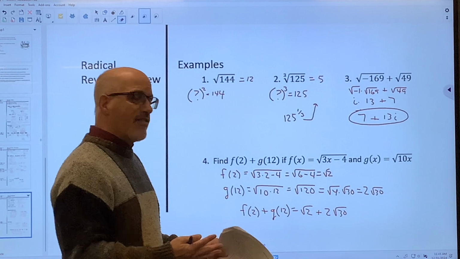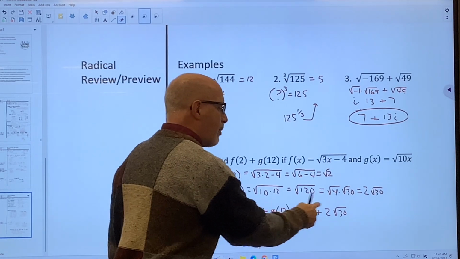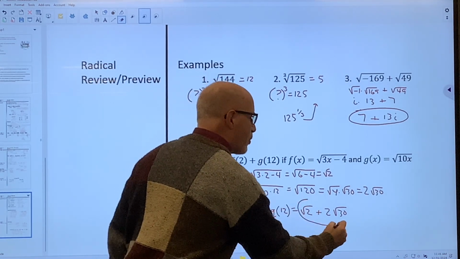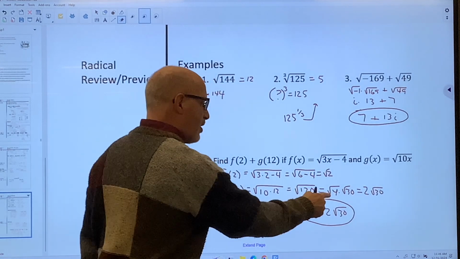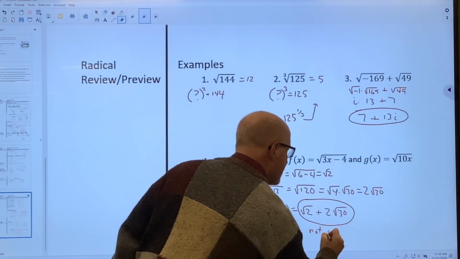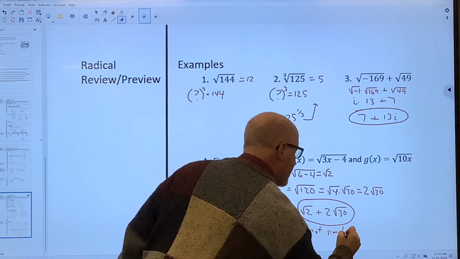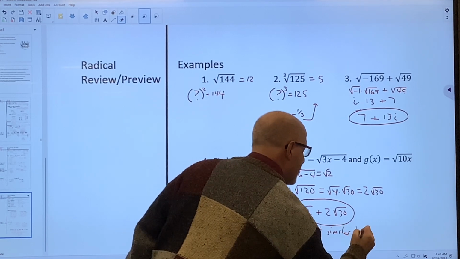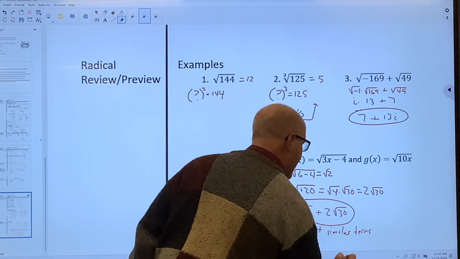So that is the final answer. You can't add radicals together unless the radicands are alike. So these are not similar terms. So when they're not similar terms, you can't add them together.